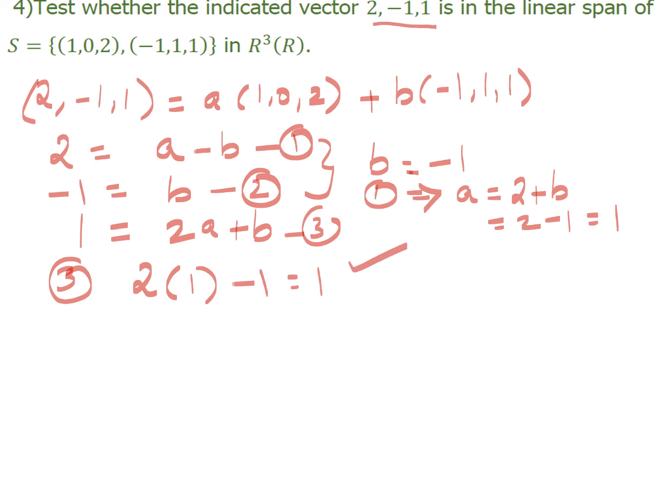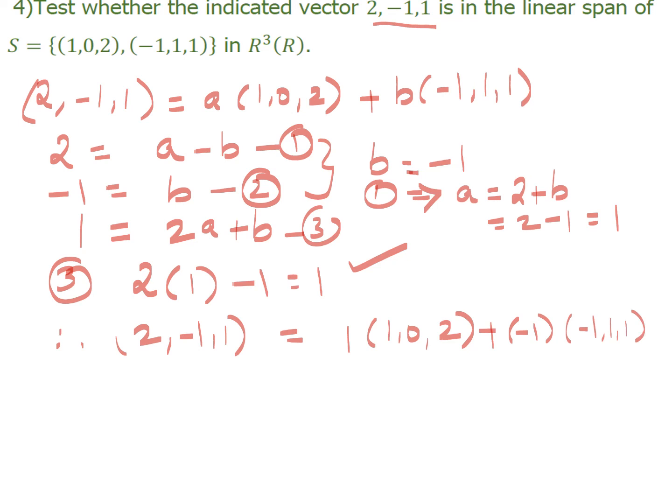Therefore, this linear combination is (2, minus 1, 1) equal to 1 into (1, 0, 2) plus minus 1 times (minus 1, 1, 1). So the vector we are able to write as a linear combination of the vectors of S. Therefore, the given vector belongs to the linear span.